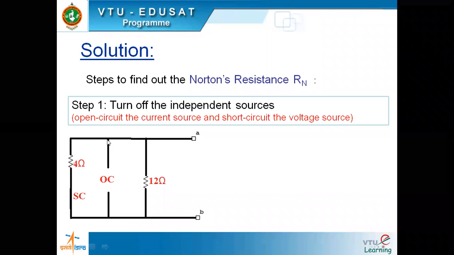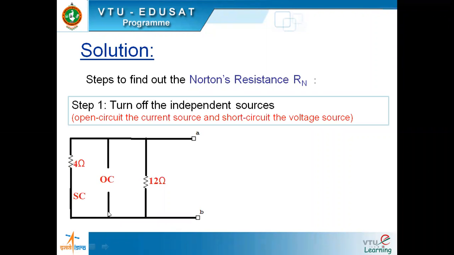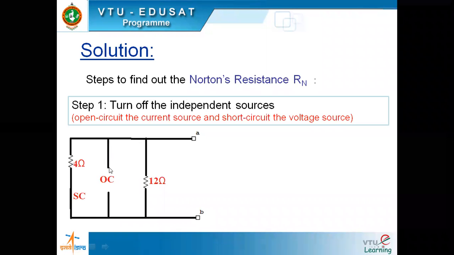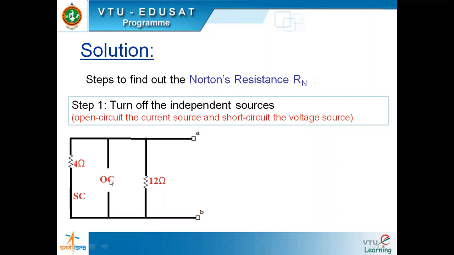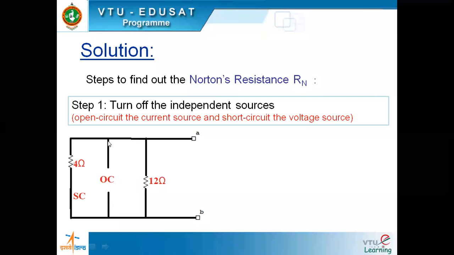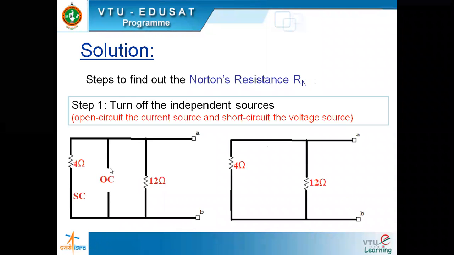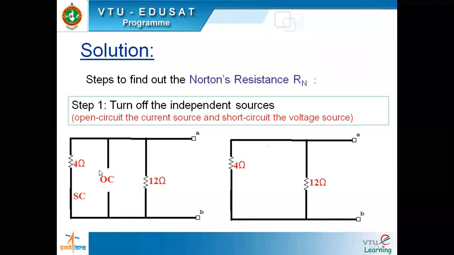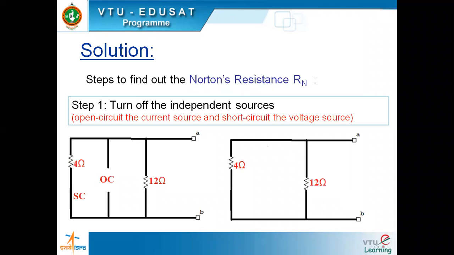Now after open circuiting you have these terminals, right? This is of no use to me, and if it is there it may confuse you and create problems. So just ignore them because they are of no use to me. After ignoring them, the circuit would look like this. So what can we do now to find Rn?